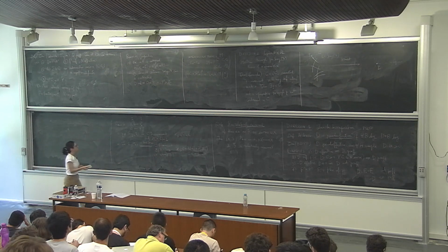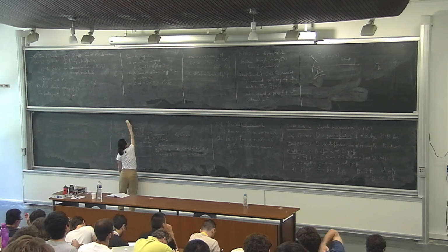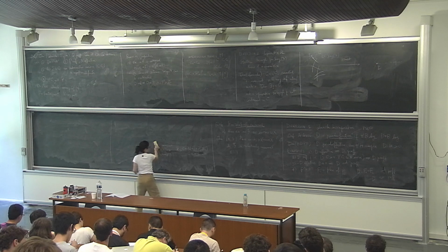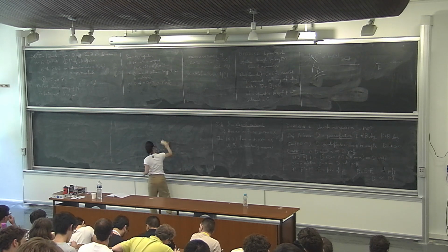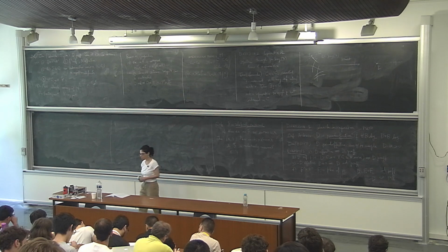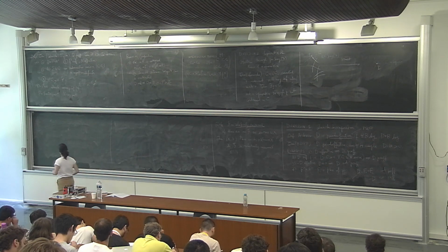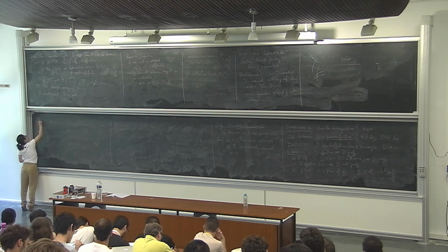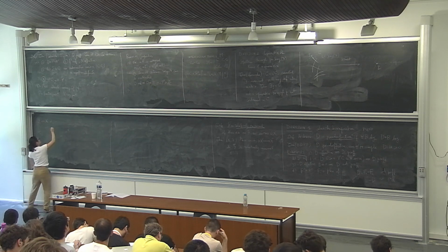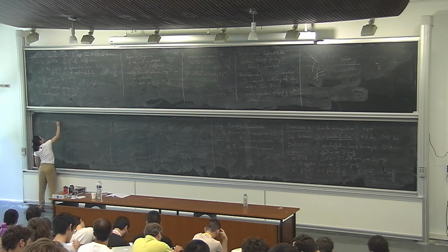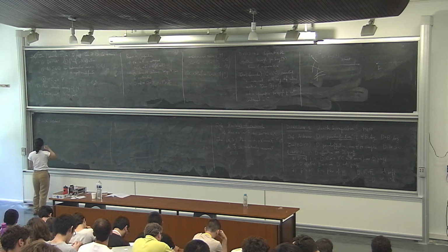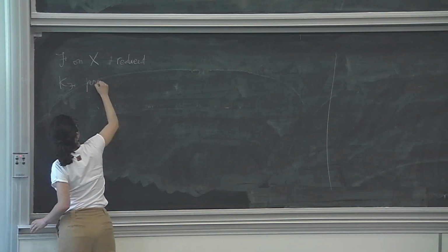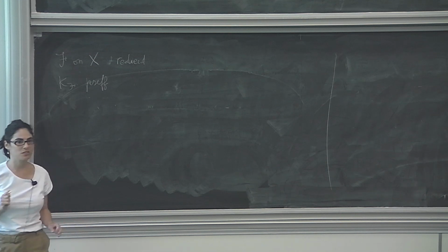So now we can go back to our foliations on surfaces. So we always are in the reduced case. And we look at K_F, and we assume K_F pseudo-effective.